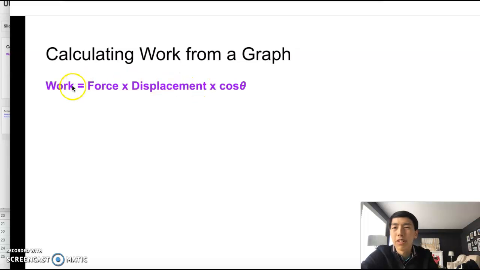So the formula for work is force times displacement times cosine of theta. Now I'm actually going to ignore the cosine of theta part for now. Let's just imagine that work equals force times displacement. Well, if work equals force times displacement, then using that concept, you should be able to find work by finding the area of a graph if these two variables were the axes.